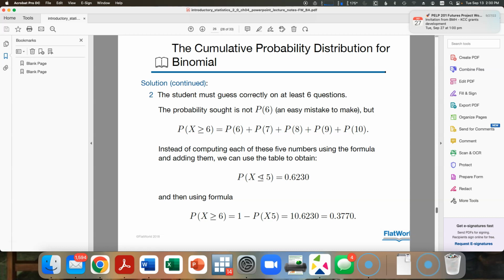So for less than or equal to 5 is 0.62, so that's correct. Giving us then our value, so we would take 1 minus that probability, giving us a result of 0.37.